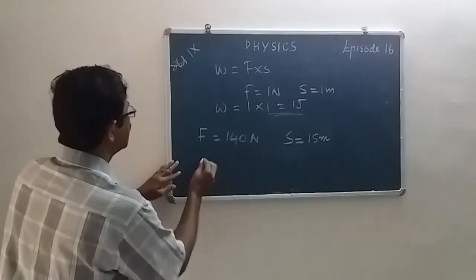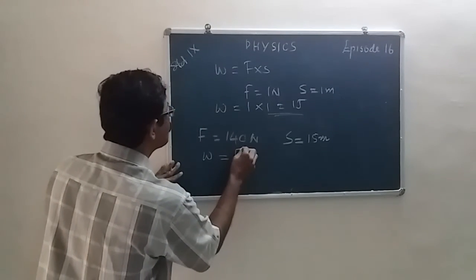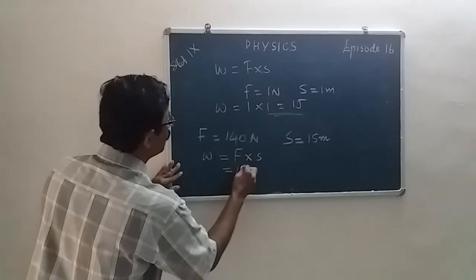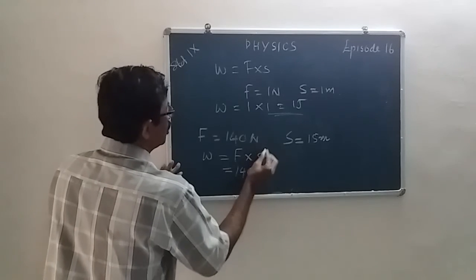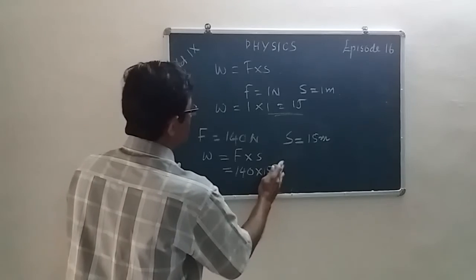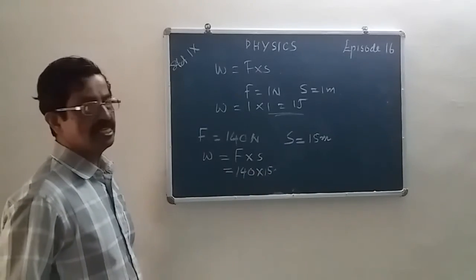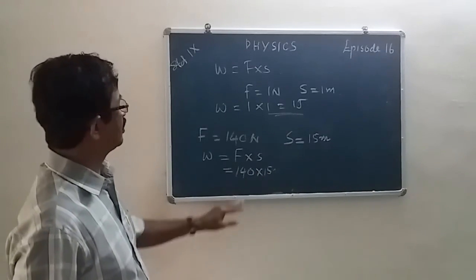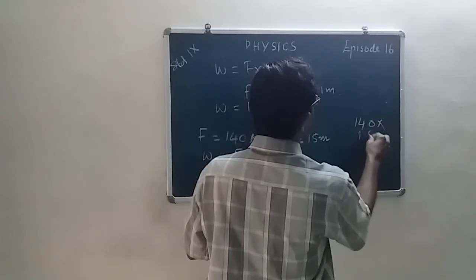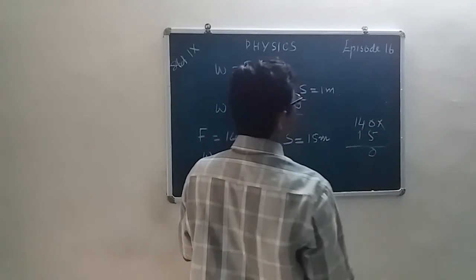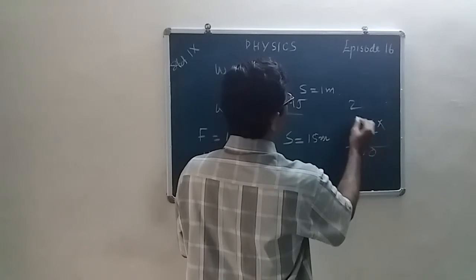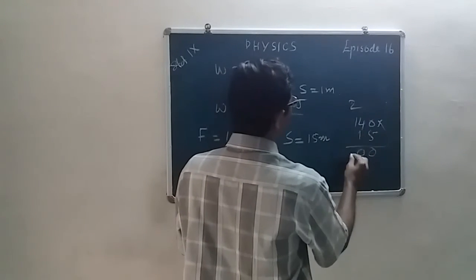We know work W is equal to F into S. So F is here 140 into S 15. 140 into 15, how much will it be? 5 times 0, 0. 5 times 4, 20. Balance 2. 5 times 1, 5, plus 2, 7.